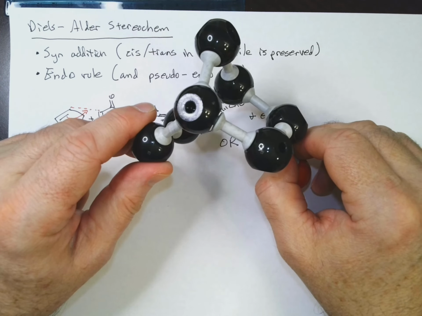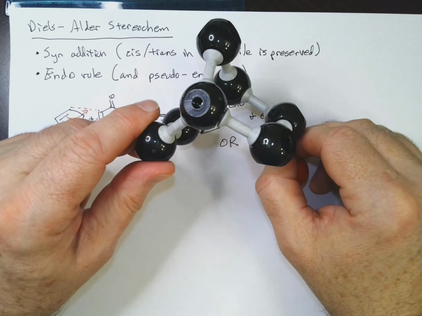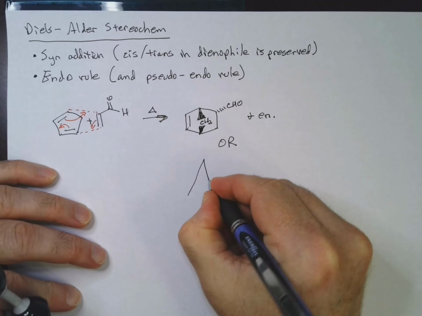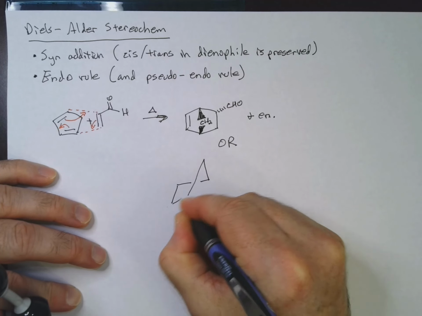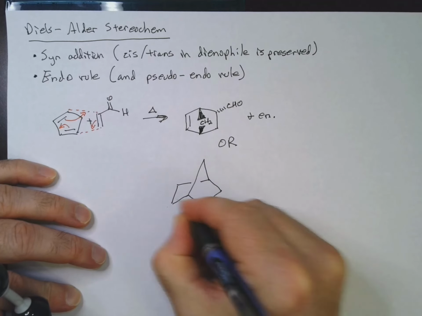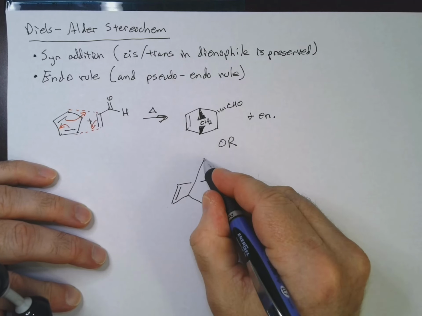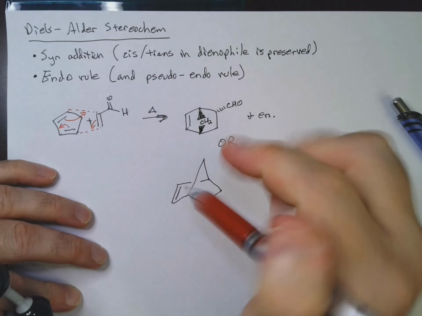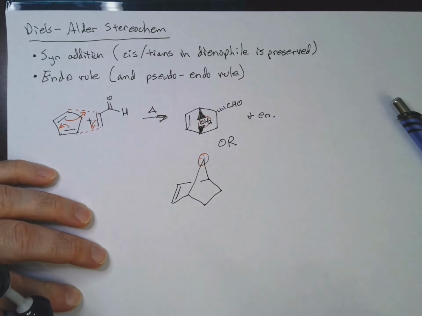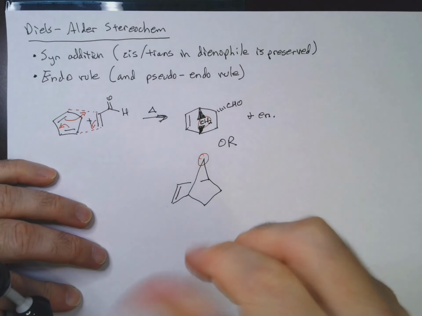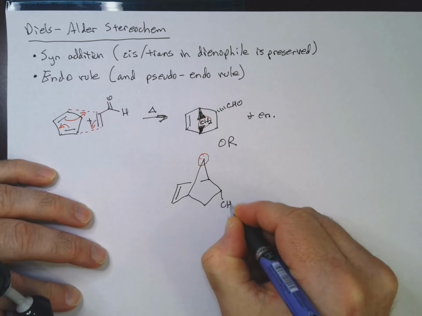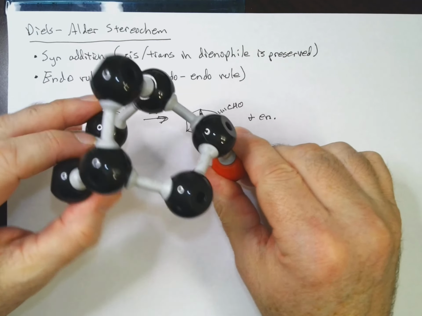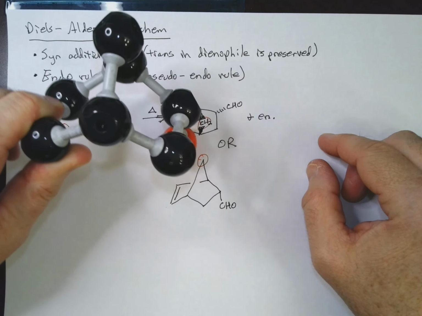Let's kind of look at it like that. There we go. So now I could try to draw this, and it would look something like this. So this is my bridge here. Okay, let me circle that in red here. That guy is that guy. And then my CHO is pointing down. So it would look like this.